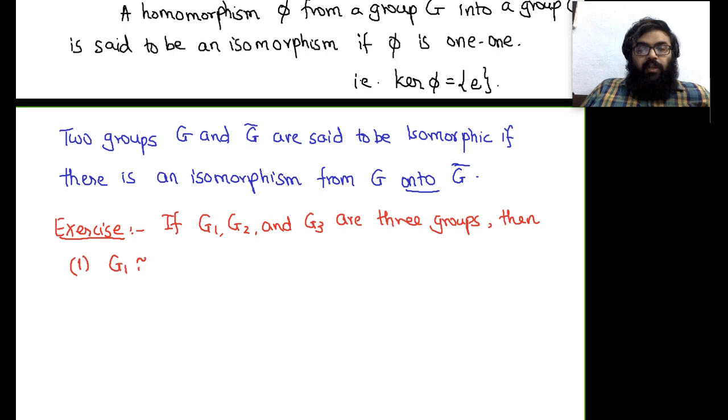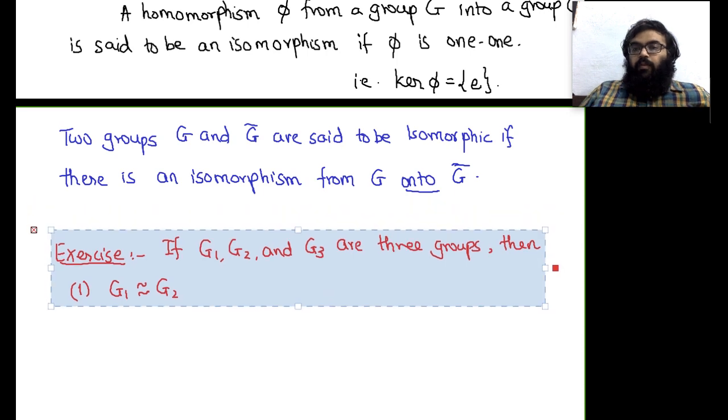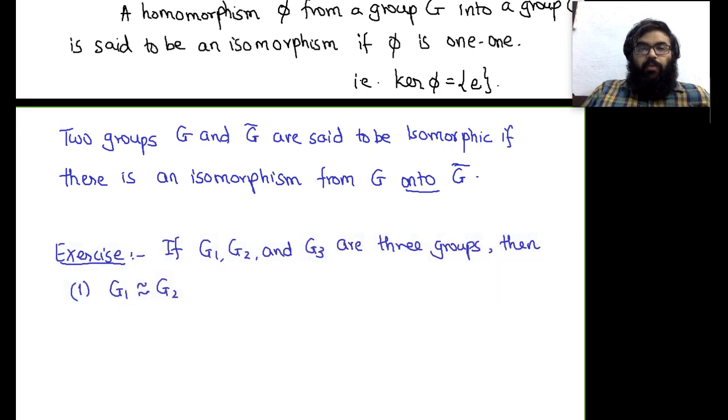So we have forgotten the notation. Isomorphism is denoted by this symbol.